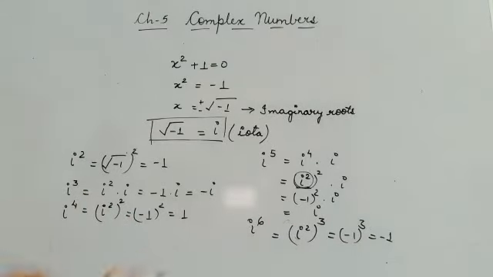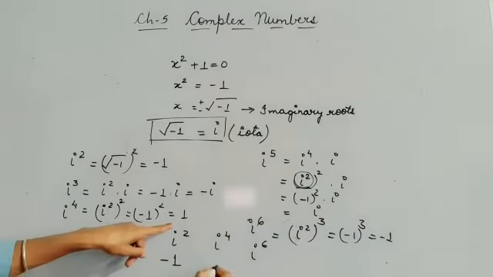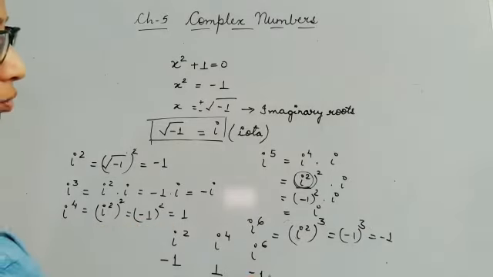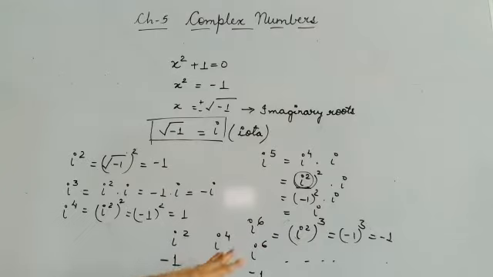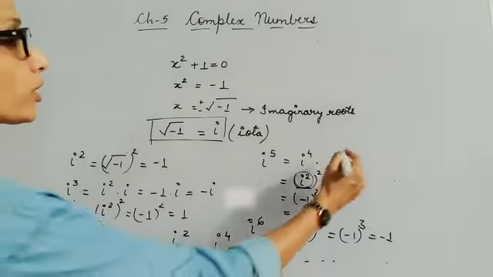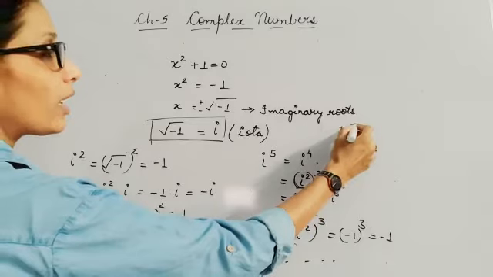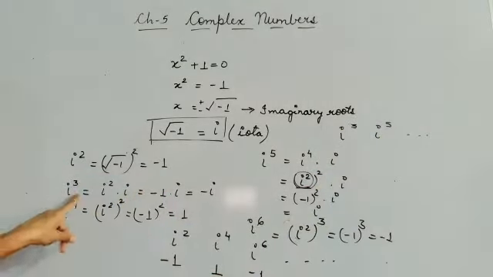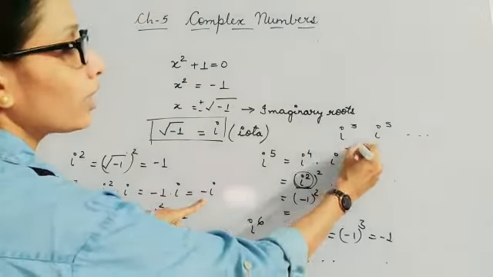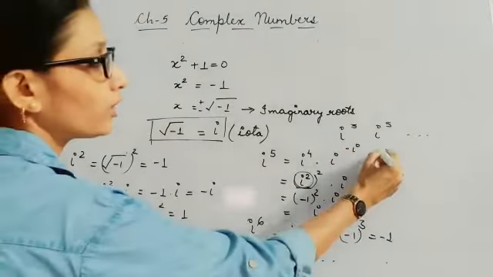So I can conclude from here that iota square, iota 4, iota raised to power 6 have values minus 1, then plus 1, then minus 1, and so on. That means even powers of iota will always have value 1, but with alternate signs. If I talk about odd powers like iota cube, iota raised to power 5 and so on, iota cube is minus iota, iota raised to power 5 is iota, and so on.